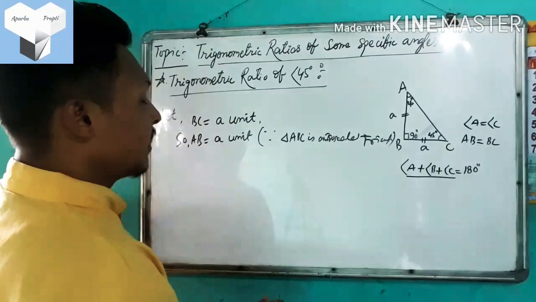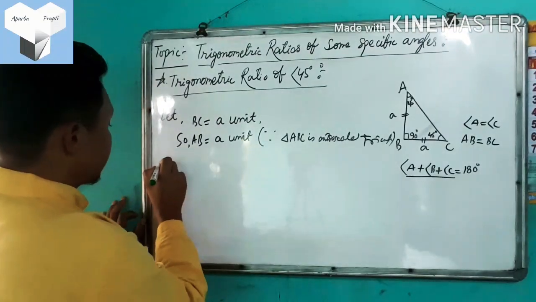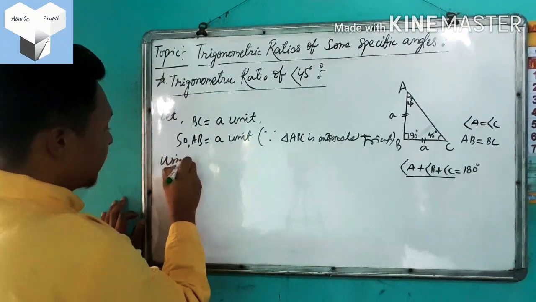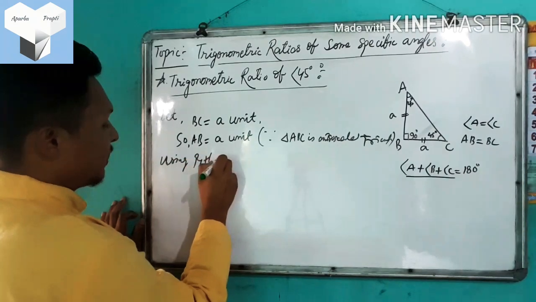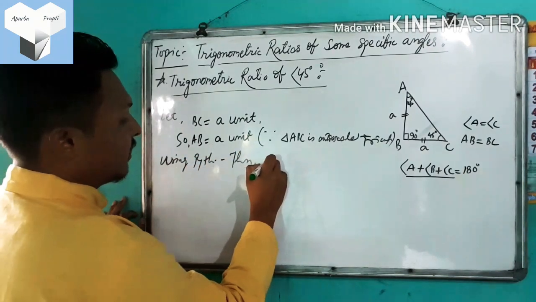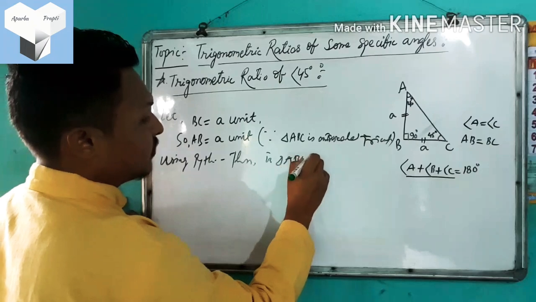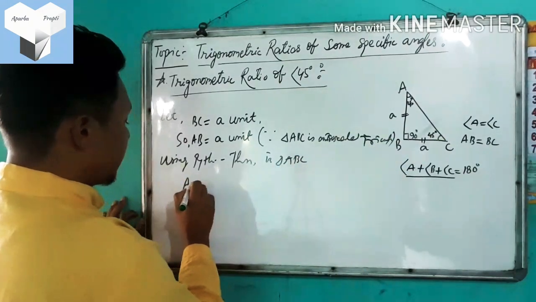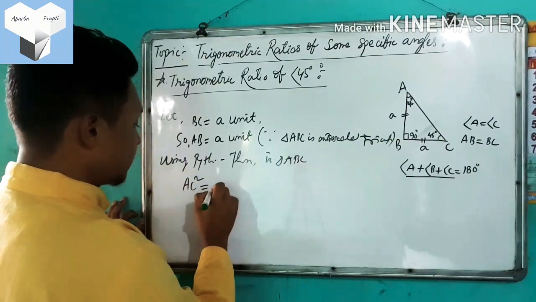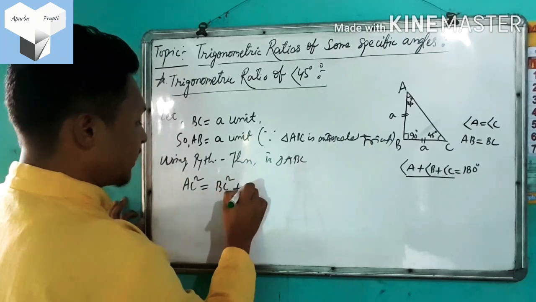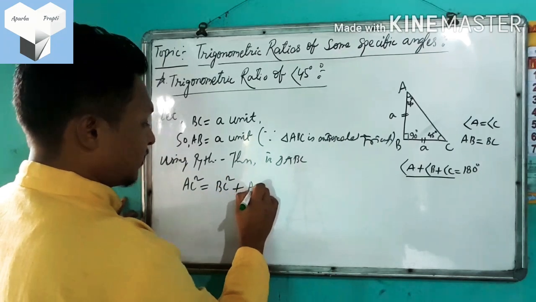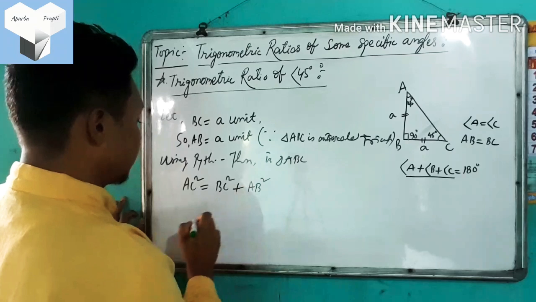Yes. Now guys, using Pythagoras theorem, in triangle ABC we will get the square of hypotenuse is equal to the sum of the square of base plus square of perpendicular.